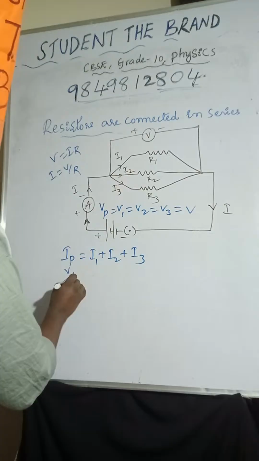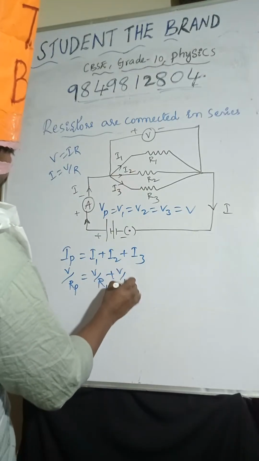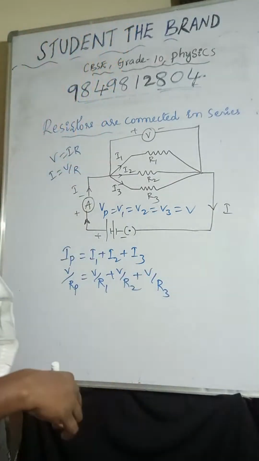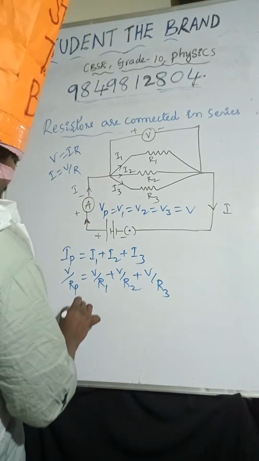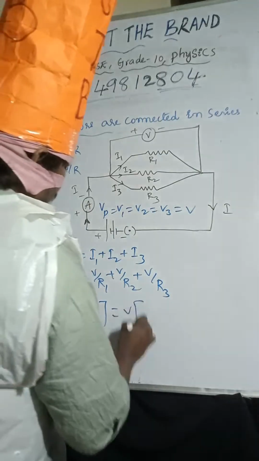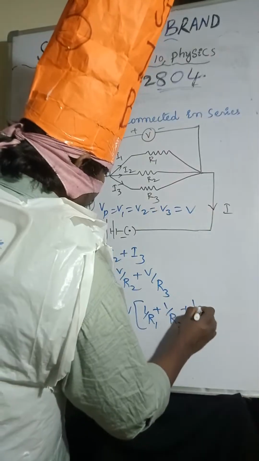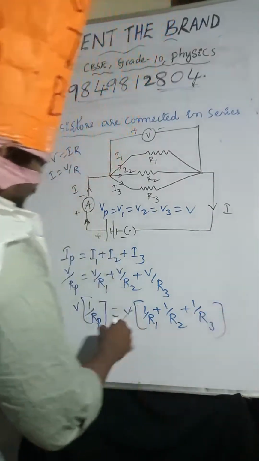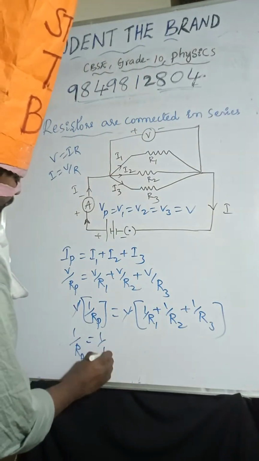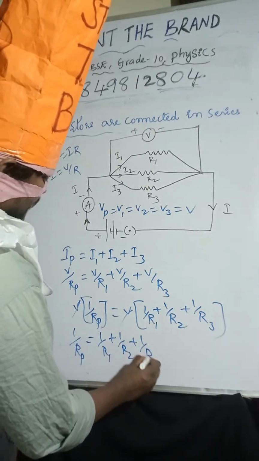Then V by Rp equal to V by R1 plus V by R2 plus V by R3. Taking V common and cancelling it, 1 by Rp equal to 1 by R1 plus 1 by R2 plus 1 by R3.